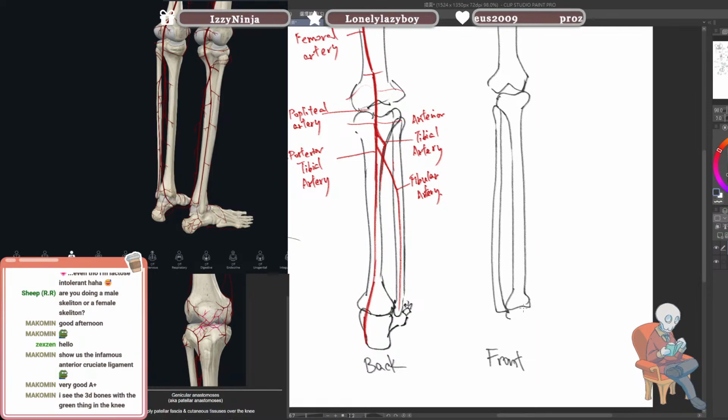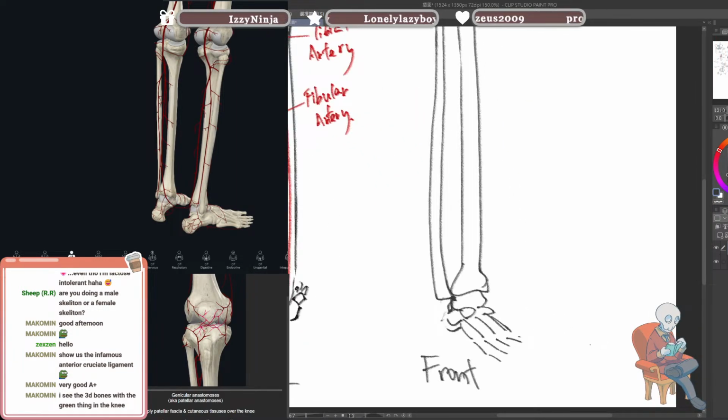And again, there's the calcaneus, some tarsal bones: the calcaneus, talus, navicular, cuboid, and all three cuneiform bones, and the metatarsals, and some phalanges there. A very questionable feat, I know.